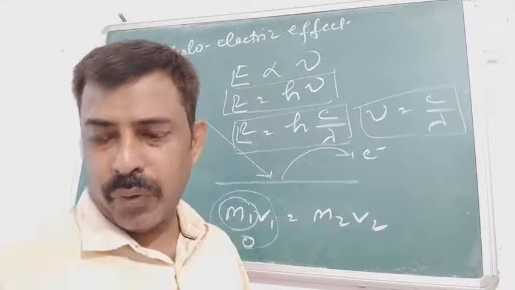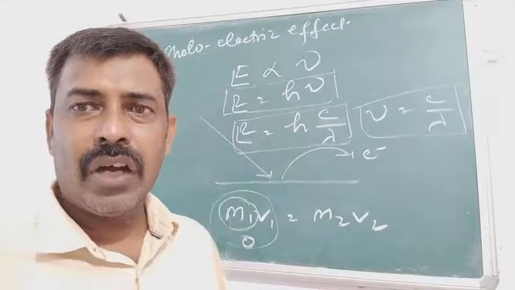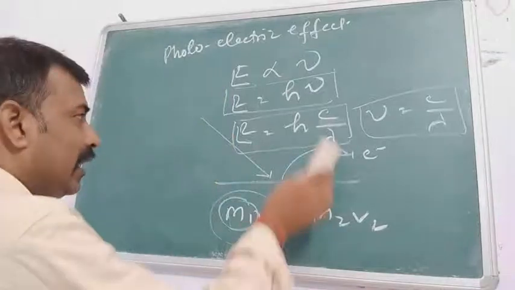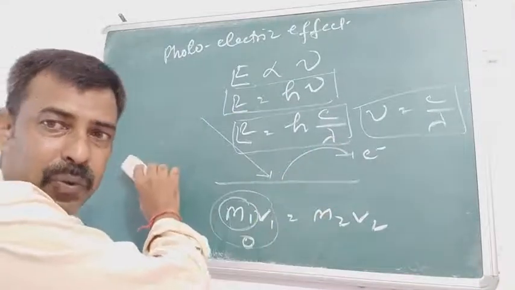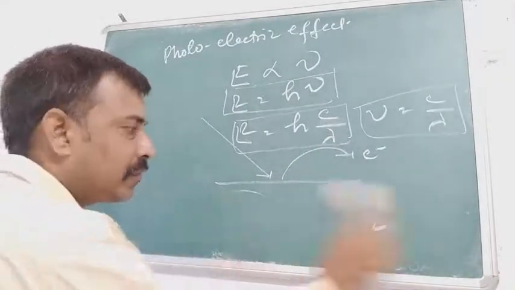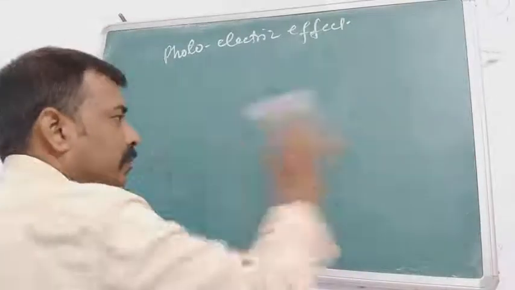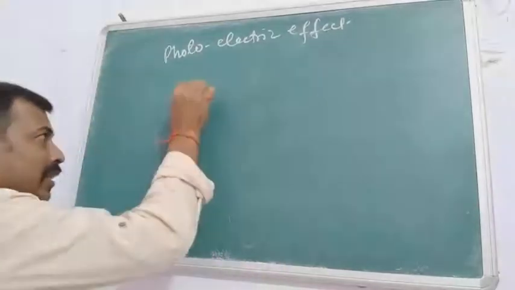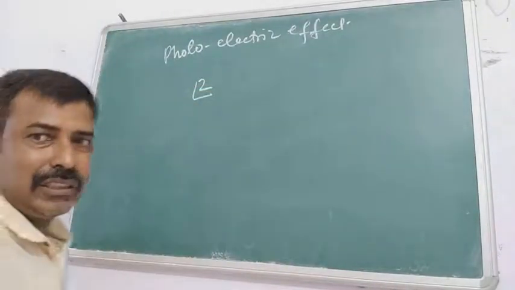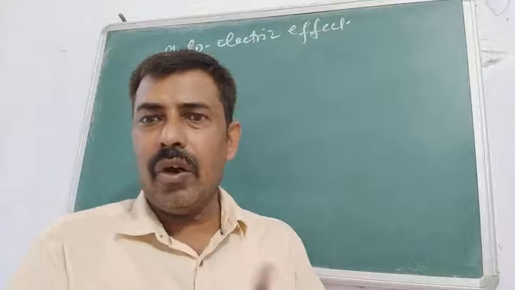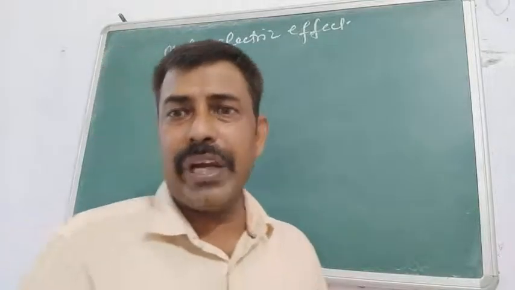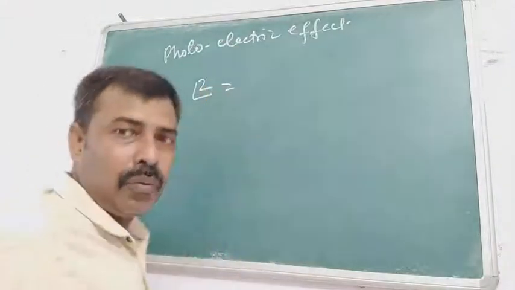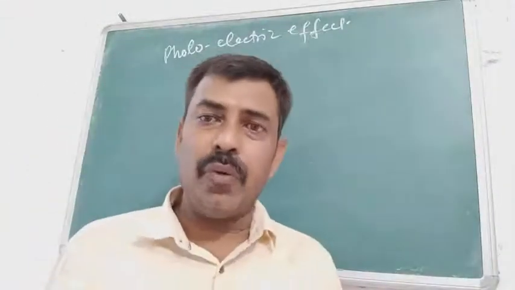Now, how can the photoelectric effect be calculated? How can the energy of the photoelectric effect be calculated? If any photon having energy E is striking on the surface of the activated metal surface, then what is the minimum energy needed for the removal of electron?